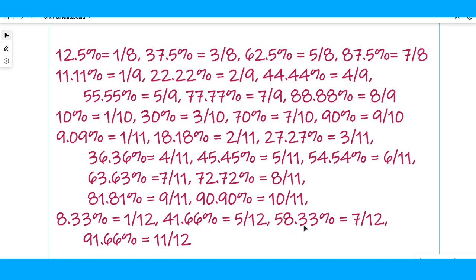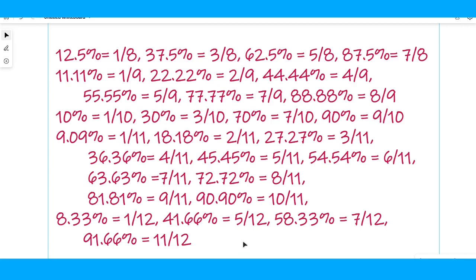And 58.33% is 7 upon 12. 58.33% is 7 times of 8.33%. Hence it is 7 upon 12. Then 8 upon 12 we have already calculated, which is 66.66% or 2 upon 3.